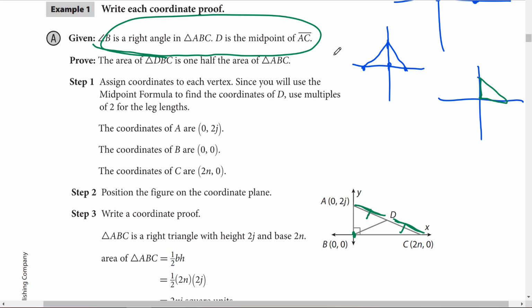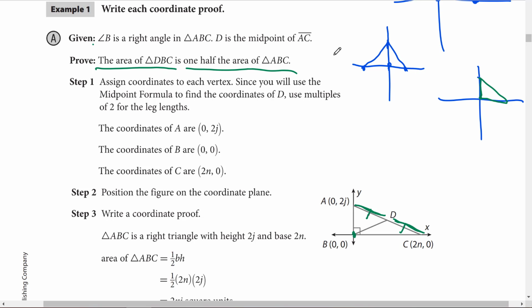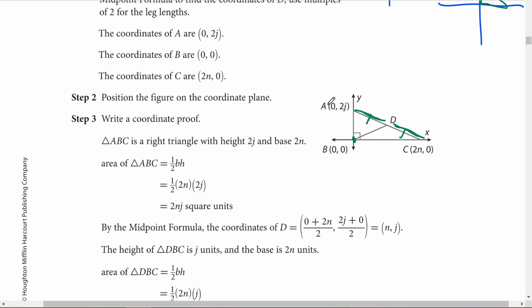What they wanted us to prove then is that the area of triangle DBC is 1/2 the area of triangle ABC. So they gave us the coordinates. Why did they double them? Well, that's going to make it easier to cut in half. So let's take a look.